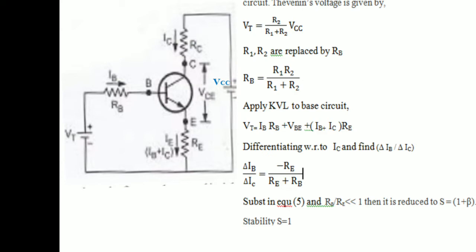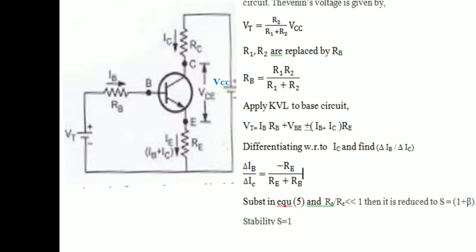Substituting this value in the stability factor, we have S is equal to 1 plus beta DC into 1 by 1 plus beta DC. If the condition RB by RE is less than 1 holds, your stability factor is equal to 1. So for this voltage divider, S is equal to 1. It gives a very good stable condition.